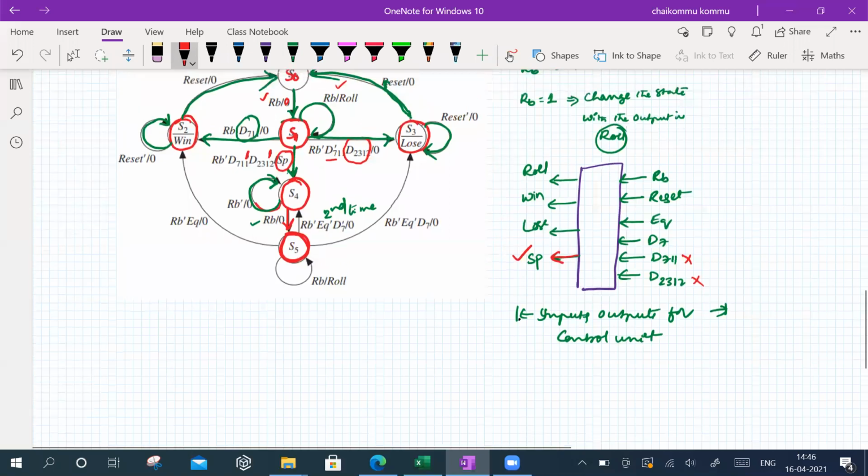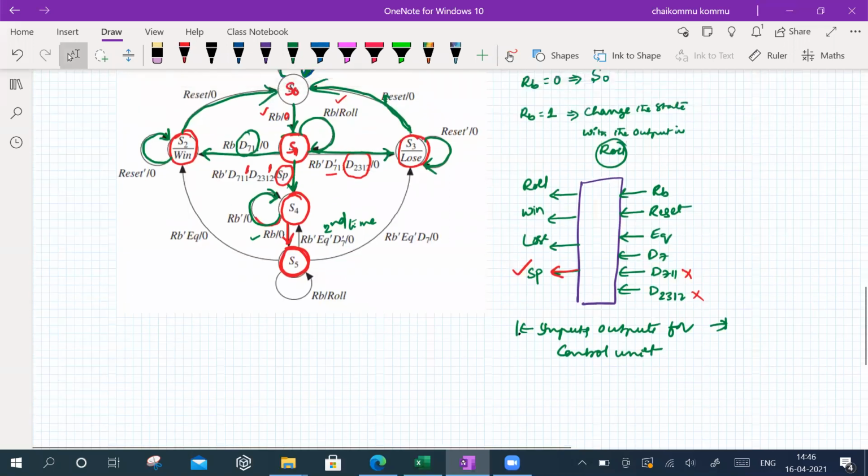For example, if the roll button is there and the equality signal is available, for example, equal is there. Of course you have come here at this point, but the equality information is there. Then you can say that yes, the point value is equal to the store value. Sorry, the store value is equal to the current sum value.